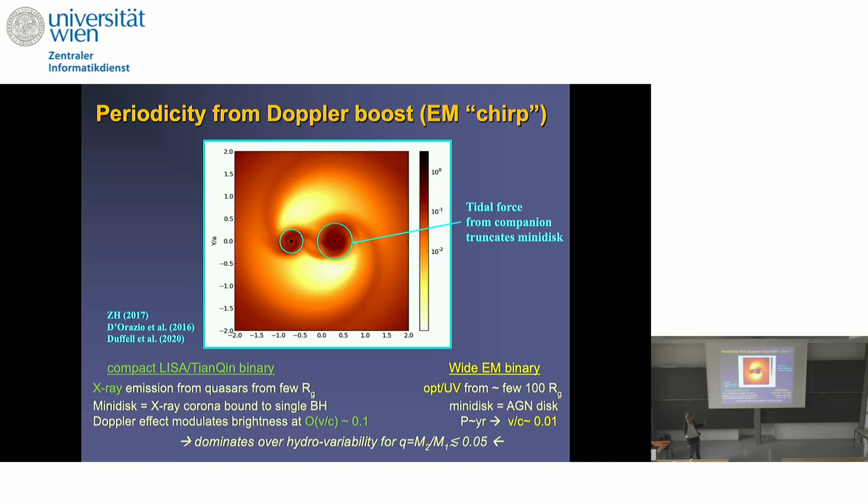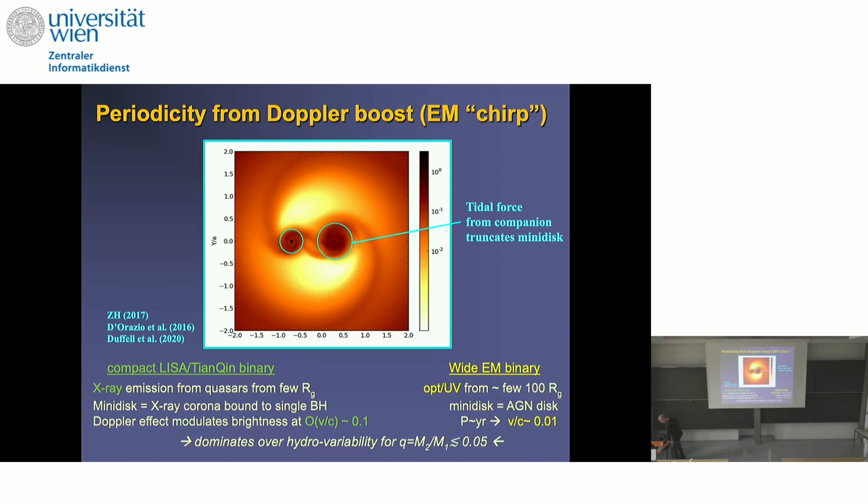And at that point, for a 10 to the 6 or 5 solar mass black hole binary, the orbital separation is of order, again, 100 Schwarzschild radii. These circles will be of order 20, 30 Schwarzschild radii large, easily fitting the X-ray emission. And the orbital velocities will be 10% of the speed of light, so you'll have large modulations. I think the best for that will be UV or X-ray.